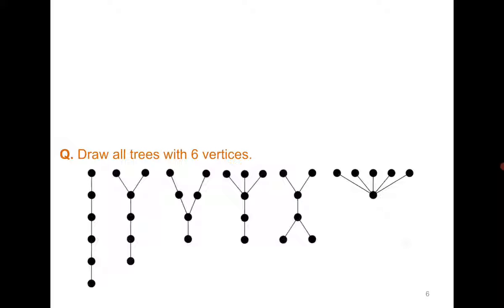The first one is simply a path graph where there are vertices of degree 1 and degree 2 only. Here there is a vertex with degree 5. Here there are two vertices with degree 3. Here there is a vertex with degree 4, so again different from the others.